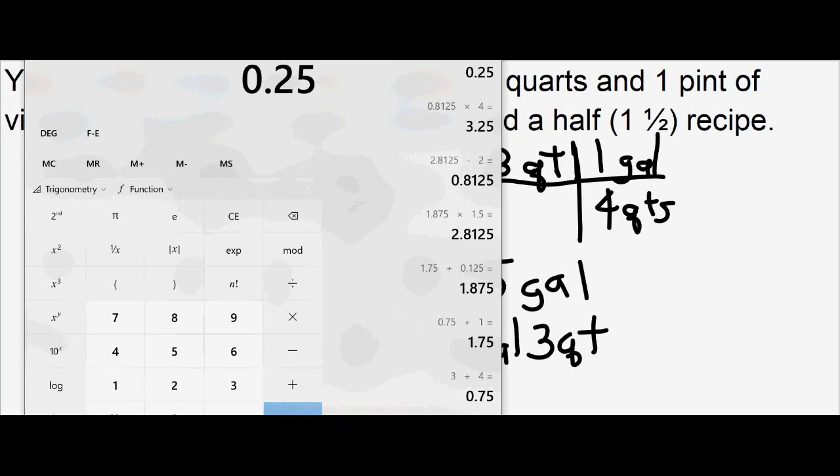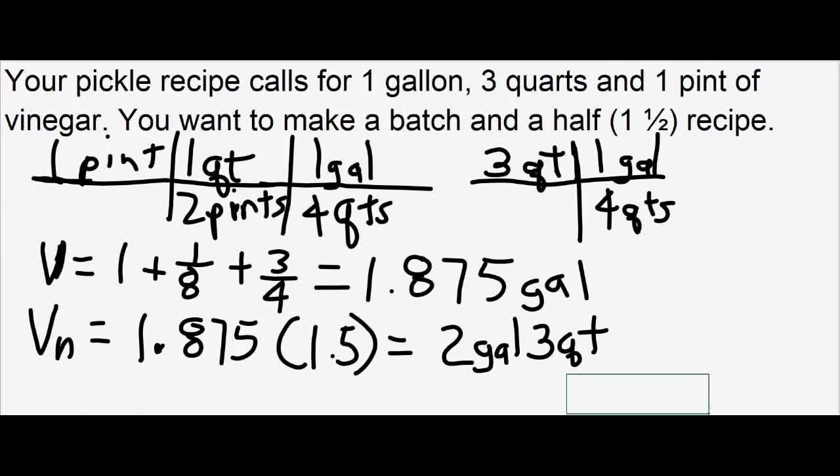So I'm just down to the number of quarts at this point that actually represents the number of pints. So I'm going to say times 2 because there are 2 pints per quart, and I have 2 gallons, 3 quarts, 1/2 pint that I will need.